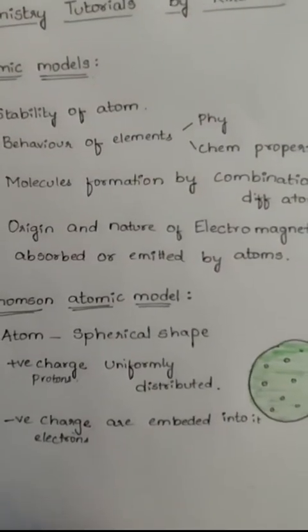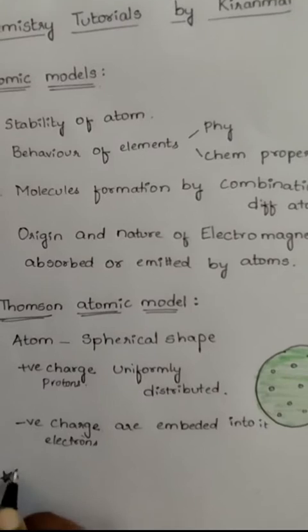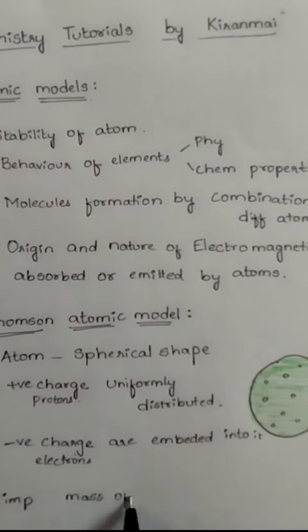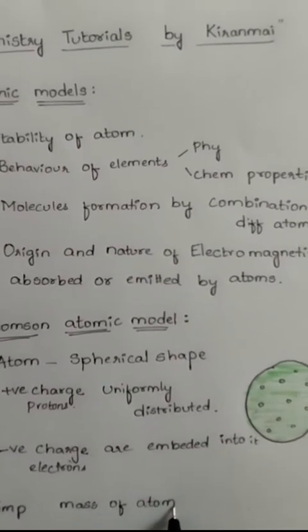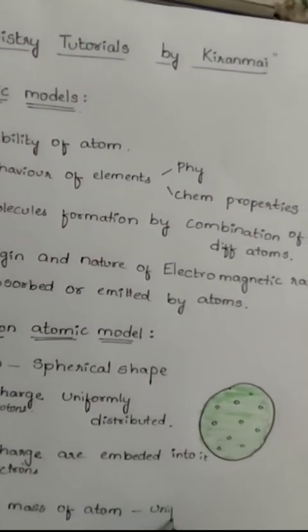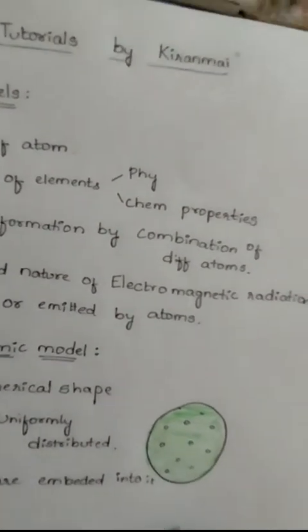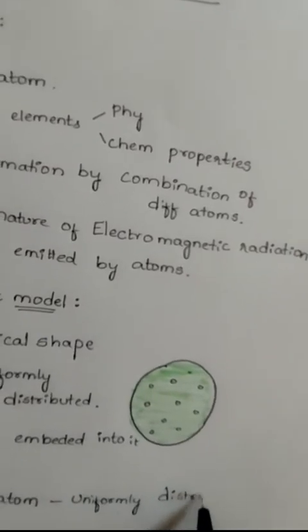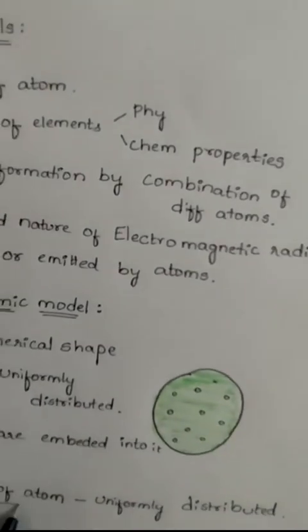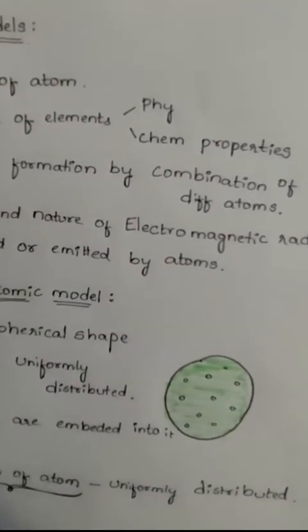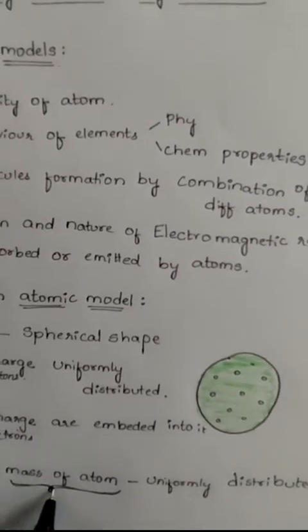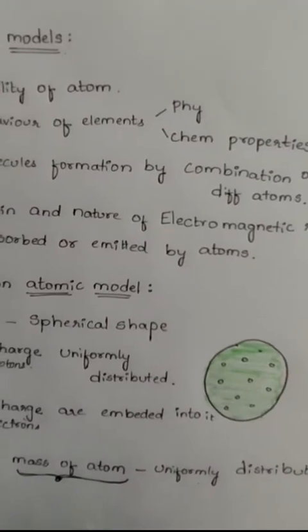And the important one is that the mass of the atom is uniformly distributed. See, the mass of the atom is not only due to the positive charge, it is also due to neutrons.